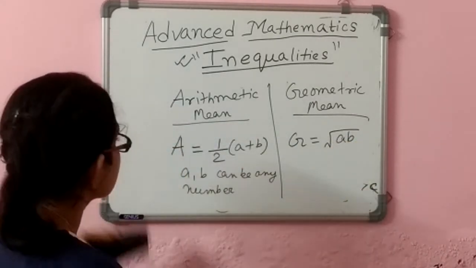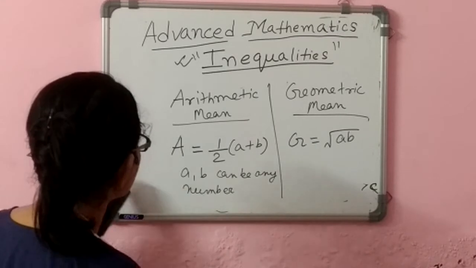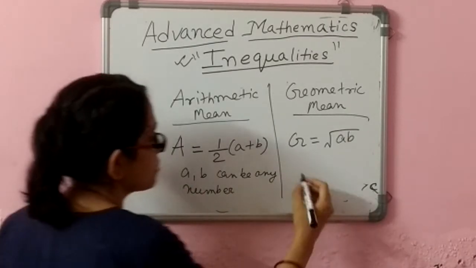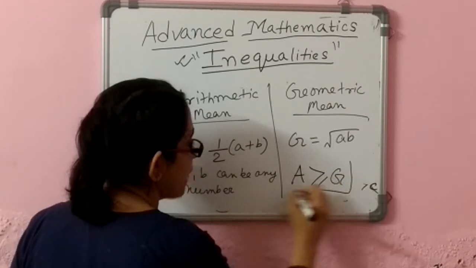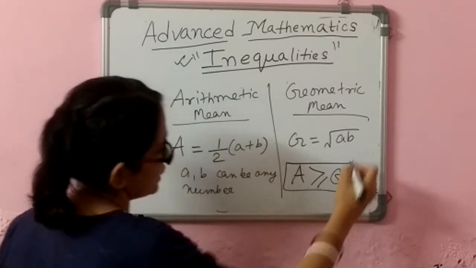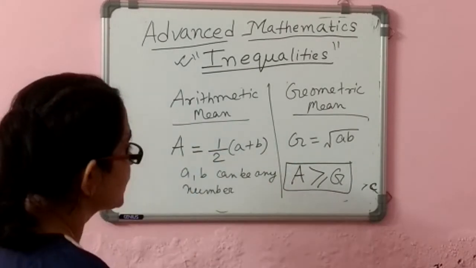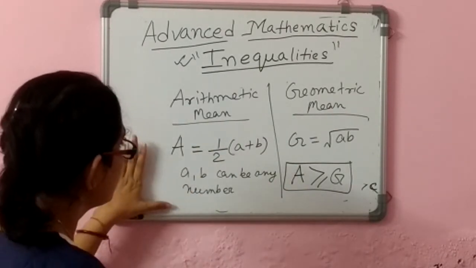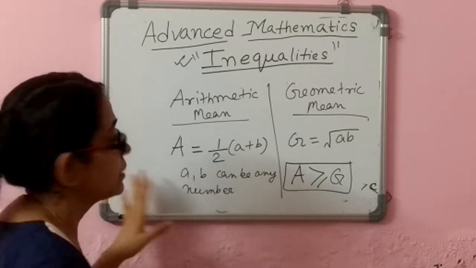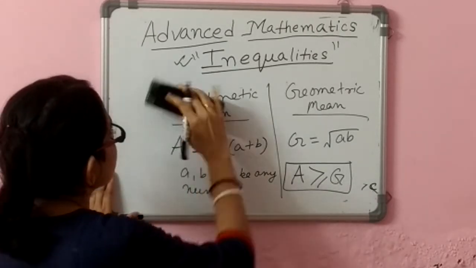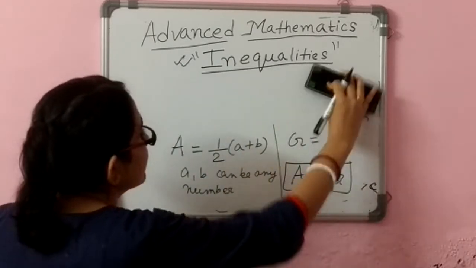And a universal formula or concept regarding AM and GM is that A is always greater than or equal to G. That is, arithmetic mean is always greater than or equal to geometric mean for any values of A and B. That is, A and B can be any natural number. Let us prove it with some example.